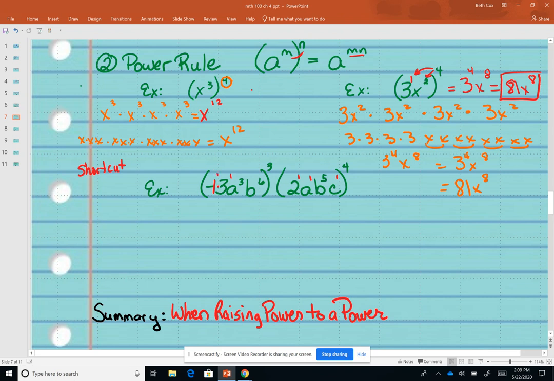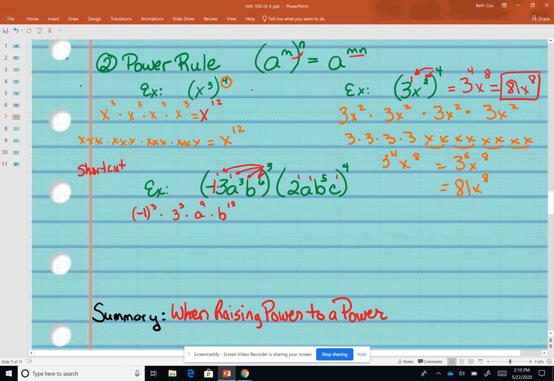So this is going to be negative 1 to the 3rd, 3 to the 3rd, a multiplying to the 9th, b multiplying b to the 18th.